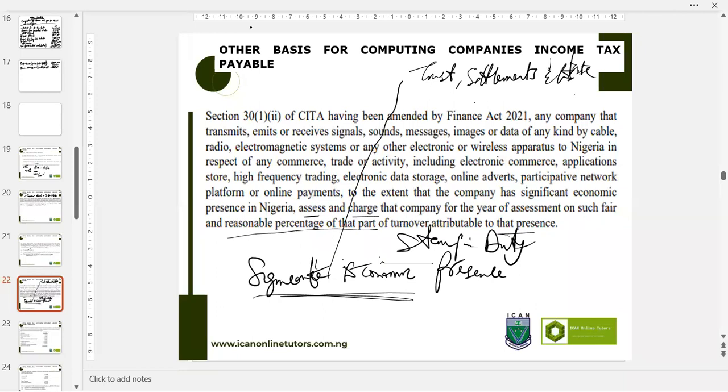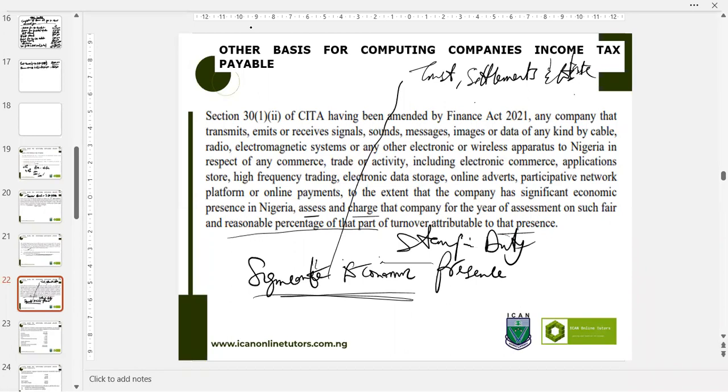So this has to do with a company that is not a Nigerian company, a foreign company not having a fixed base in Nigeria. So the basis of assessing a company to tax may also be on a turnover basis, because the company is not resident in Nigeria. So the FIRS may choose to assess such a taxpayer based on this turnover approach.